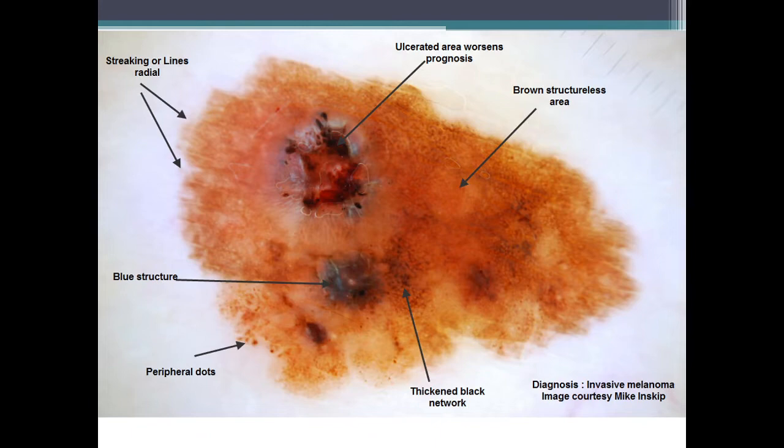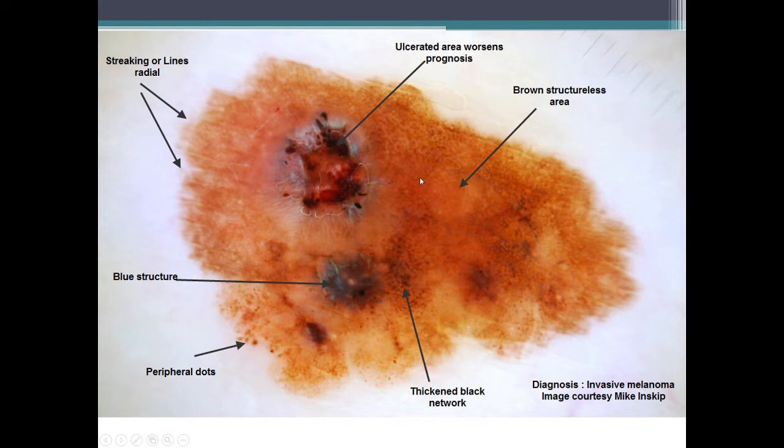Another example, but the principle is the same. You can see the network. The network is here, here, but here it's asymmetrical. Here is also asymmetrical. The structureless area could be fine, but it should be all over the lesion.